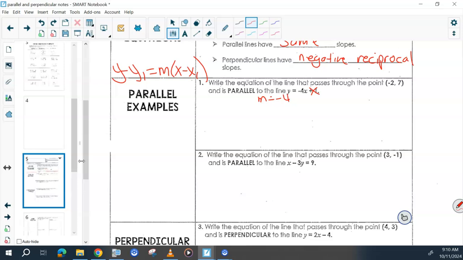I'm just rewriting it so that I remember that's the slope I'm using. Then I'm given my slope and my point, so I put those into my equation. y minus 7 equals -4 times x minus -2, or change that to a plus.